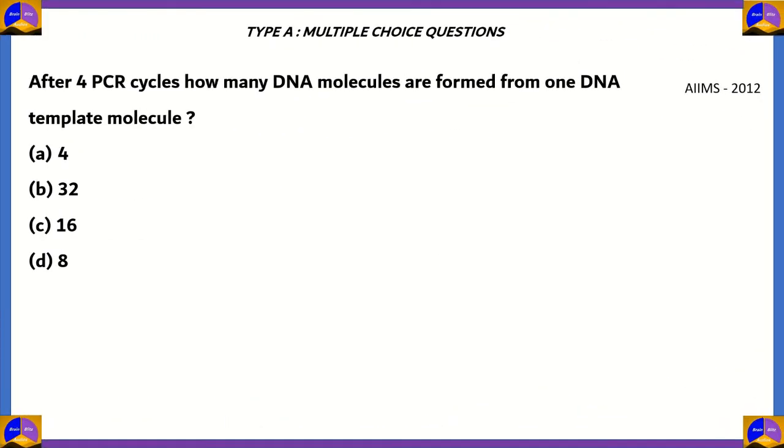Let's look at this question. So this is a question with a mathematical twist. So you need to use a formula in order to solve this question. So over here you see, after 4 PCR cycles, how many DNA molecules are formed from one DNA template molecule? So for this you need to use the general formula.